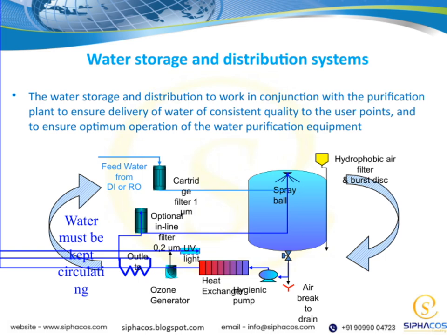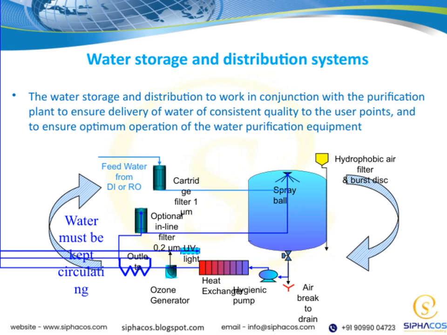The outlets are designed to safely release air brakes to drain, helping maintain system integrity. Additionally, we have a cartridge filter at 1 micron, which provides an extra layer of filtration for removing fine particles. The spray ball ensures proper water distribution and agitation during cleaning cycles.